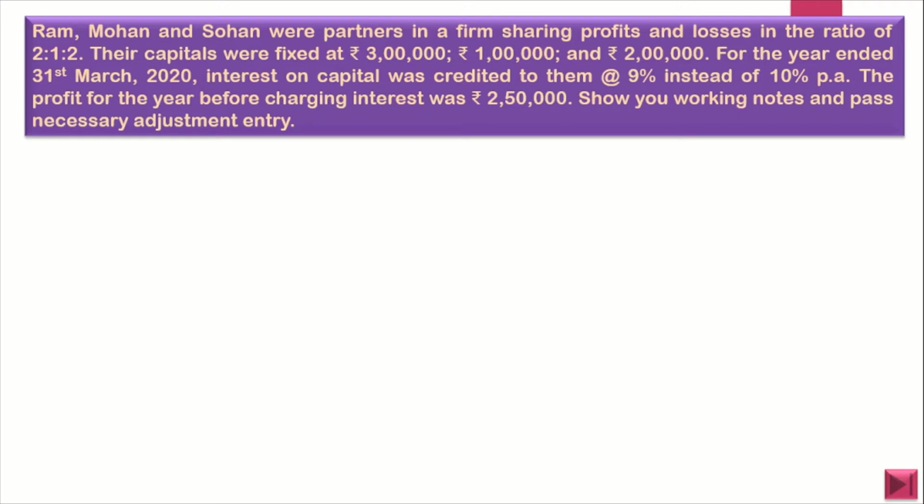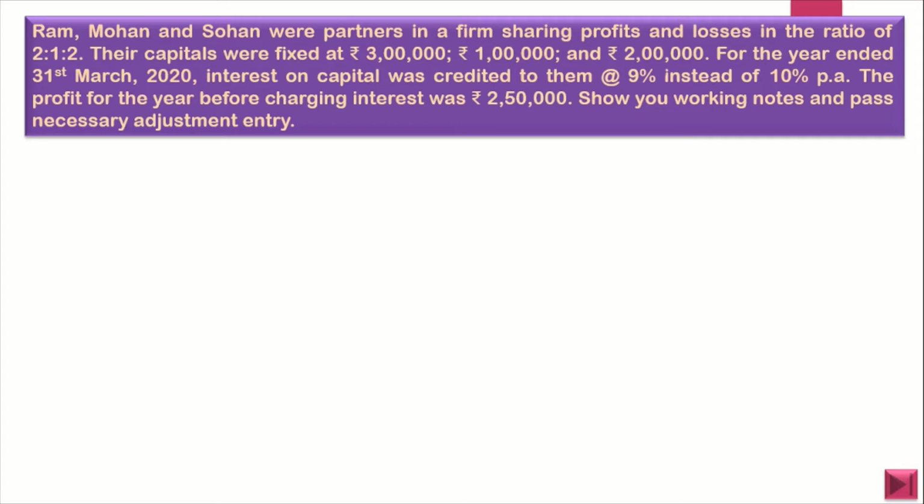So their capitals were fixed at 3 lakh, 1 lakh and 2 lakh. For the year ended 31st March 2020, interest on capital was credited to them at the rate of 9%. So it is already credited, but at 9% instead of 10%. So this one is a wrong one, and here comes the correct one. The profit for the year before charging interest was this amount. Now let's discuss this also.